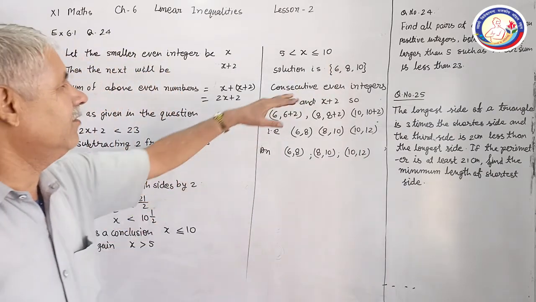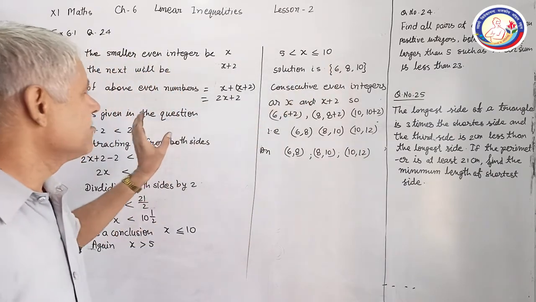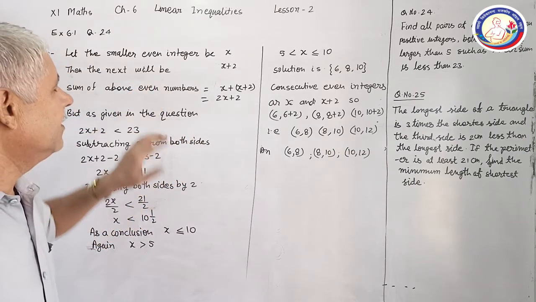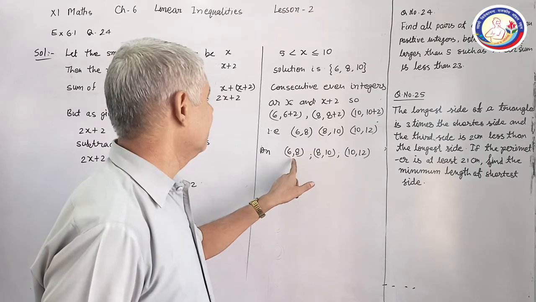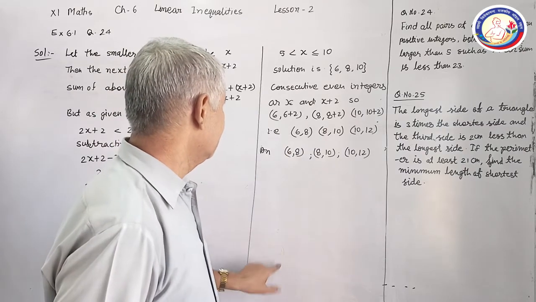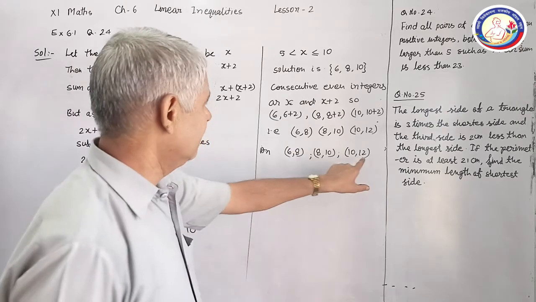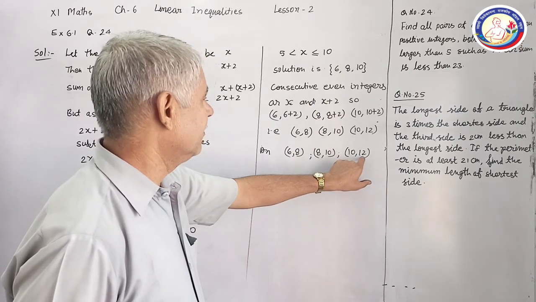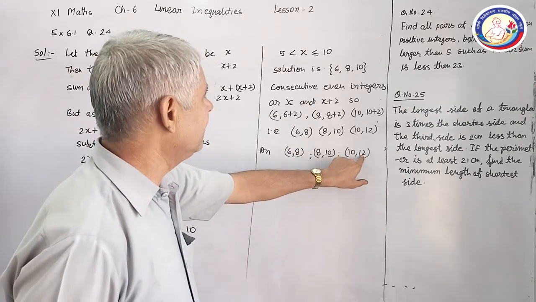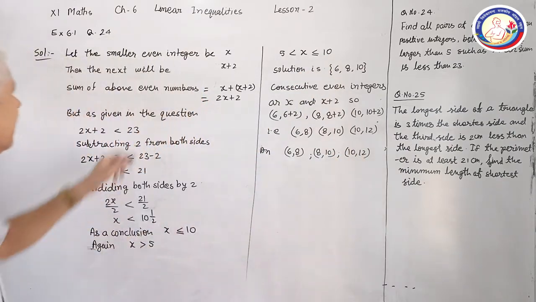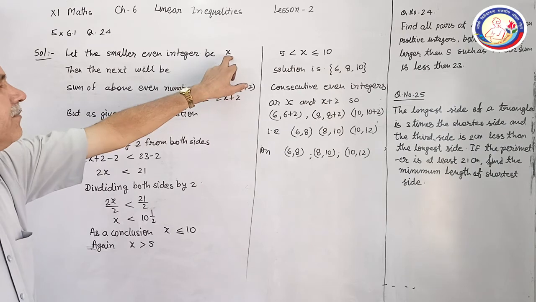So we have found the value of x using the theory of inequality solution, and then we determined the answer. Now see this 12. This 12 is greater than 10 and 1 by 2, but we have considered the first even number as x.